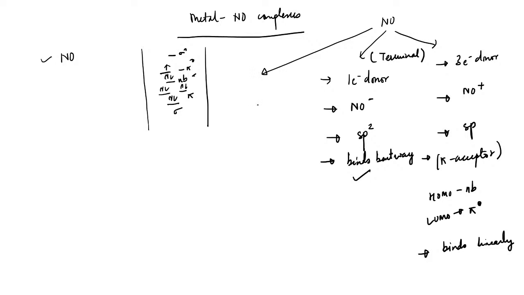The next case is that nitrosyl can also bind in a bridging way. If it is a bridging nitrosyl, nitrogen is double bonded with oxygen, so it is connected with two metals. At maximum nitrogen can be a 3 electron donor. On one metal it is donating 1 electron, and on the other metal it is donating 3 electrons. So this is the NO bridging formation.